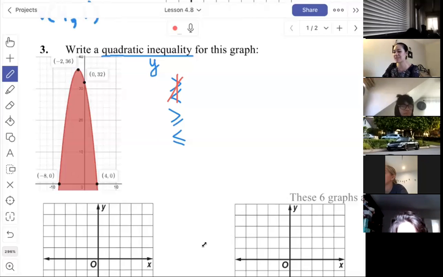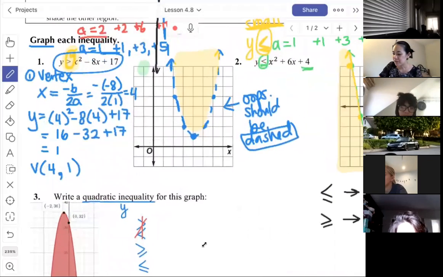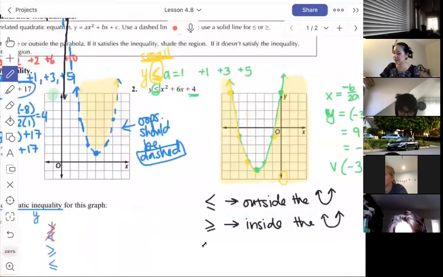Remember, think about how we did these problems. We shaded the inside because it was greater than, because it had the top of the y-axis. This one, we shaded outside because it contained the bottom of the y-axis.